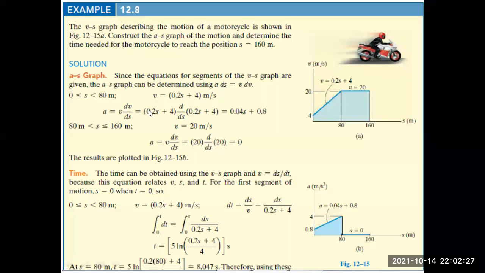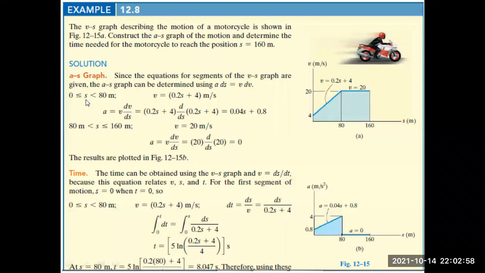So 0.2 times this side, you get 0.04 S added to 0.8, because 4 times 0.2 is equal to 0.8. This is my equation with which I can plot A within this domain. The domain is represented by the position, not time, because it is A versus S, not A versus T.